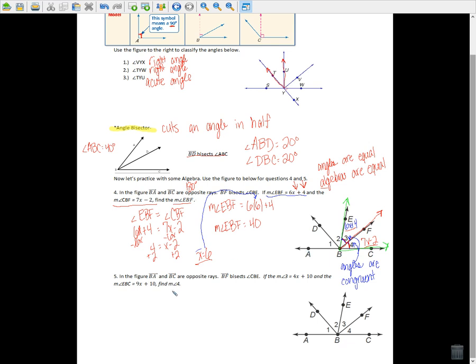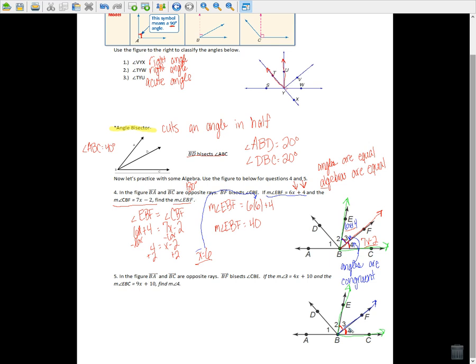All right, so it says in the figure BA and BC are opposite rays. BF bisects angle CBE. Before we do that, we know that these are equal to each other, right? Since this is the bisector, it cuts it in half, which tells me this is equal to this.